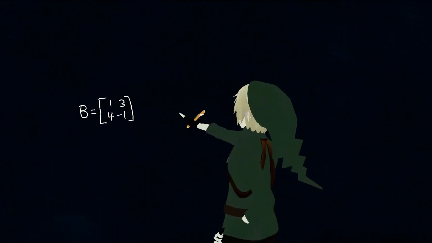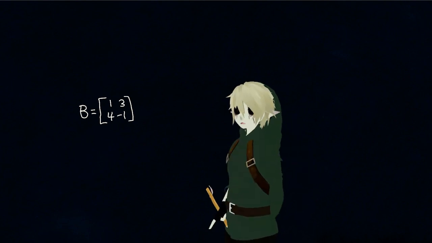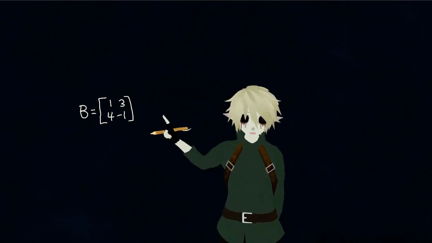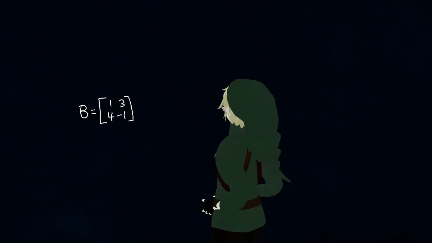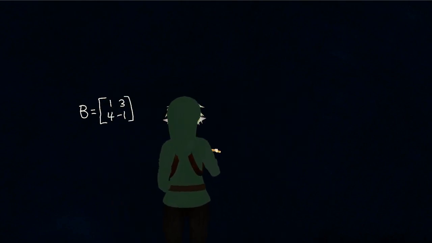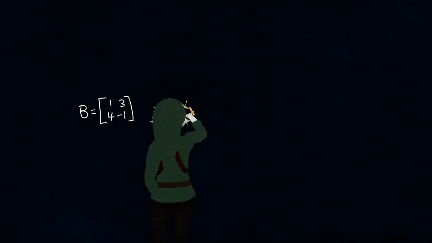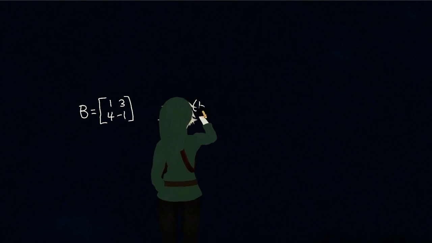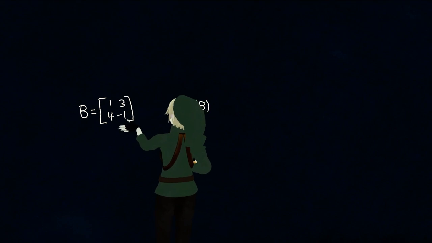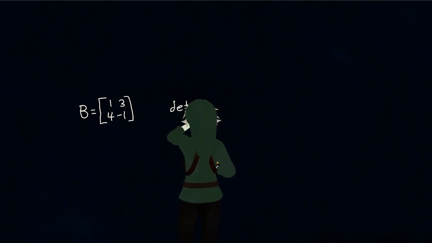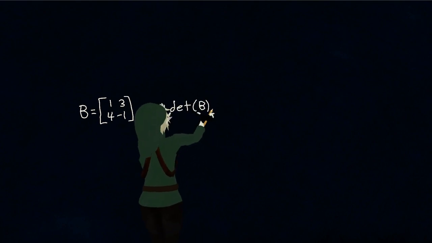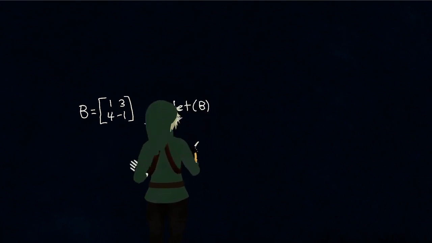So now let's do an example. We have a 2x2 matrix B. Is B invertible? Well, to easily see that, we must determine the determinant of B. To answer if B is invertible, we just have to make sure that the determinant of B does not equal 0.